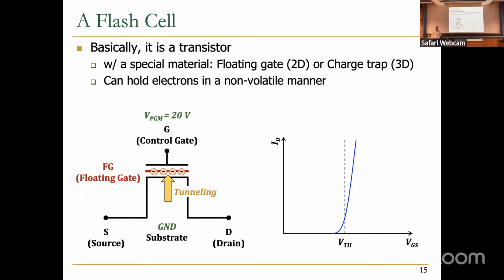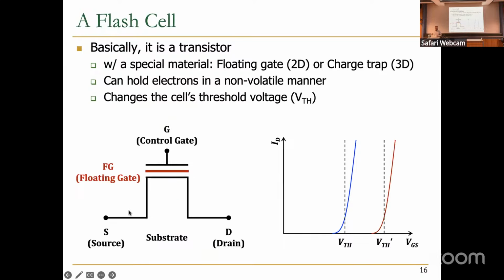When you program it and trap electrons here, you essentially cause the voltage of the gate to be negative, which means that you need to apply a higher gate-source voltage to turn this transistor on. The threshold voltage will be increased. So by programming a flash cell, you're going to have a higher threshold voltage.